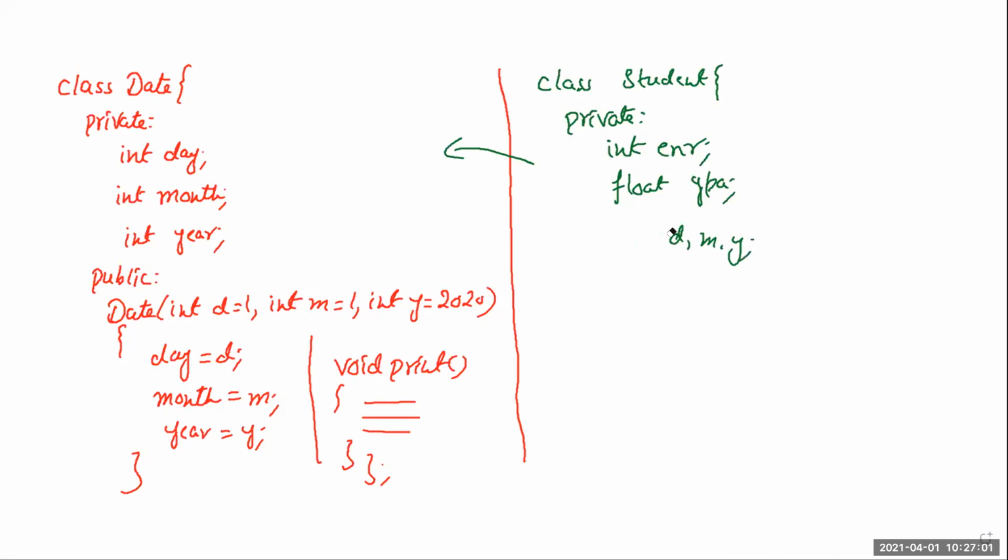If I already have the date class, somehow reuse it. And how can you reuse it? Once you have created the date class, it is now a data type which you have created. So just like you are taking integer and float, now you can take an object of the date class in the student class, right? Date is the data type, and the object is DOB or whatever you want to call it.